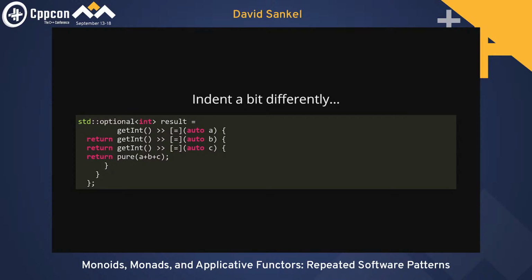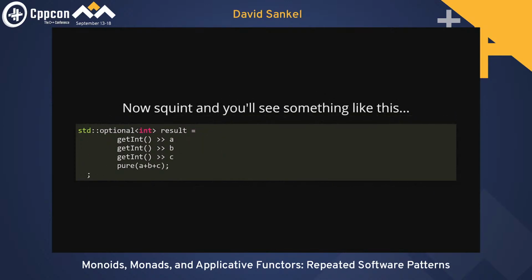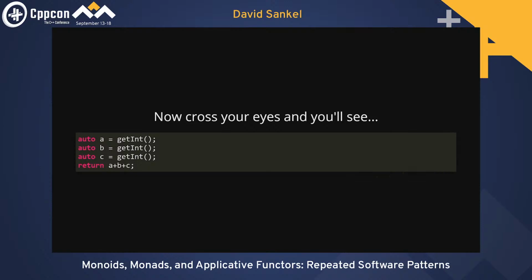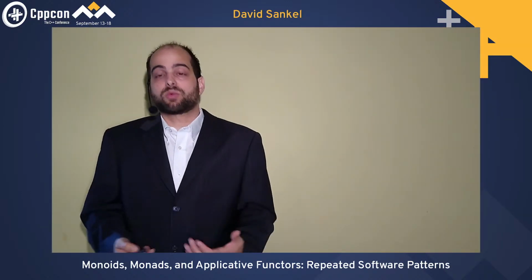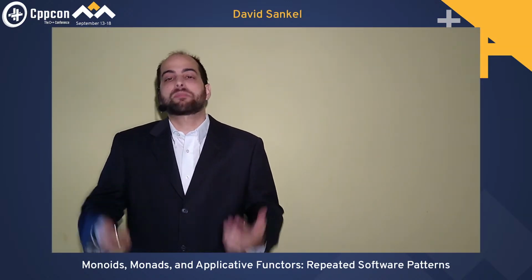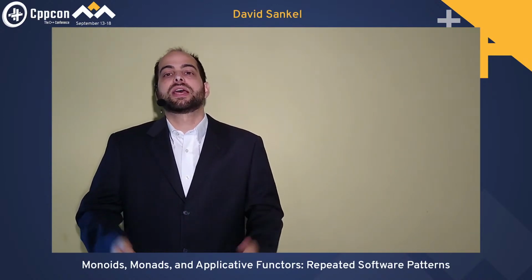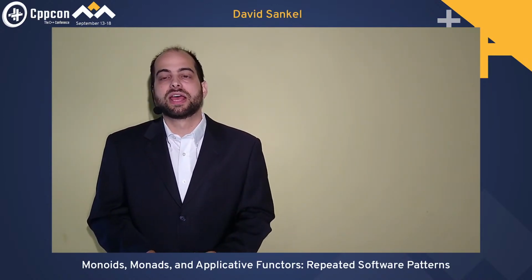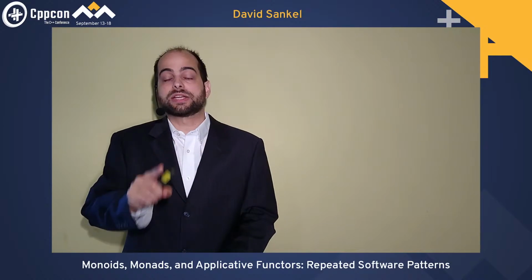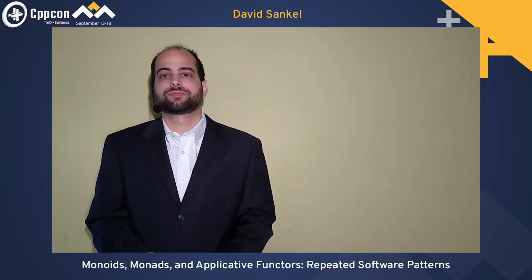Now, if you squint, you might see something like this, which, if you cross your eyes, looks like this. In other words, this looks a lot like imperative computation. And that was the original reason why monads got so popular in the first place, because it looks like imperative computations. And that was a really big deal for Haskell.